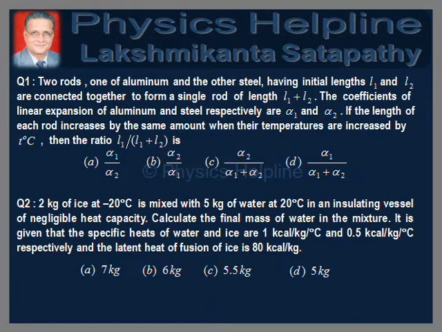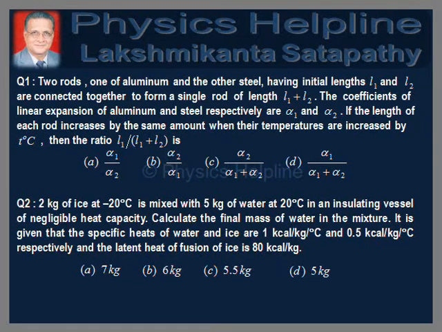Question 1. Two rods, one of aluminum and the other steel, having initial lengths L1 and L2 are connected together to form a single rod of length L1 plus L2. The coefficients of linear expansion of aluminum and steel respectively are alpha 1 and alpha 2.